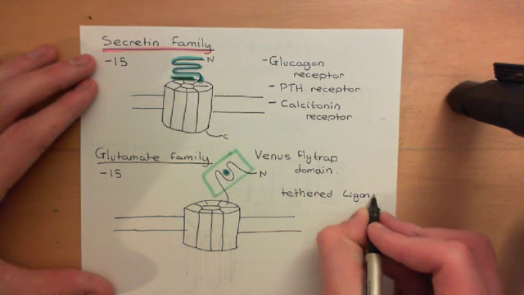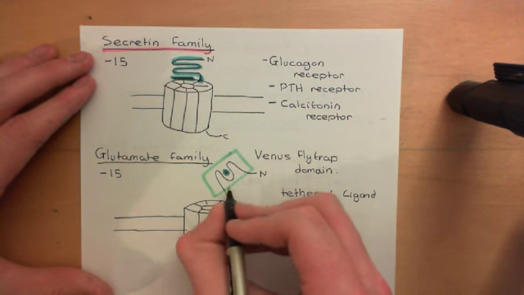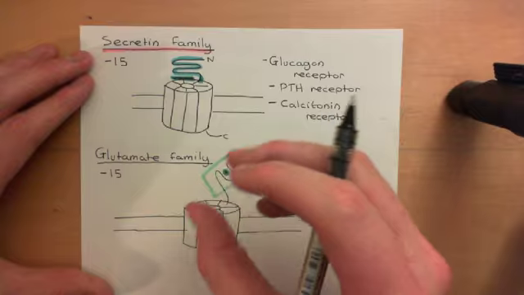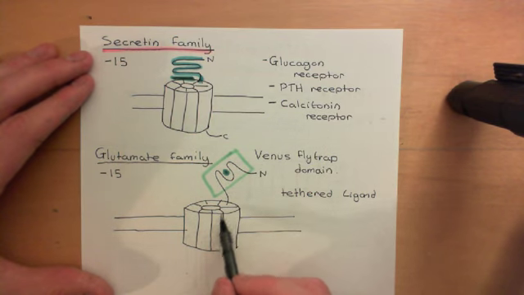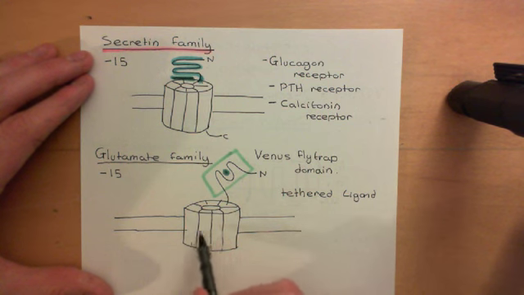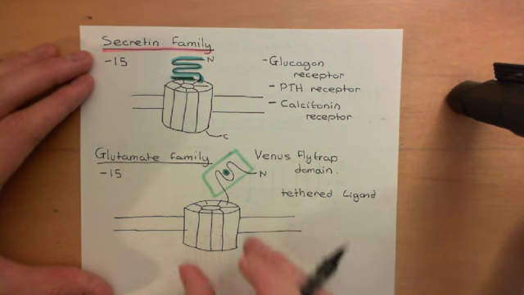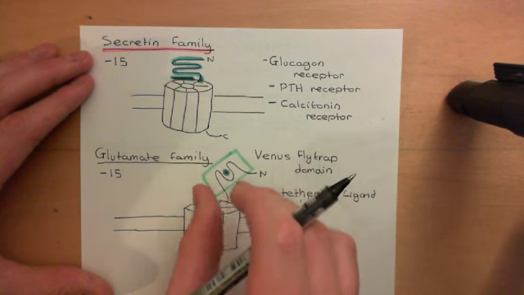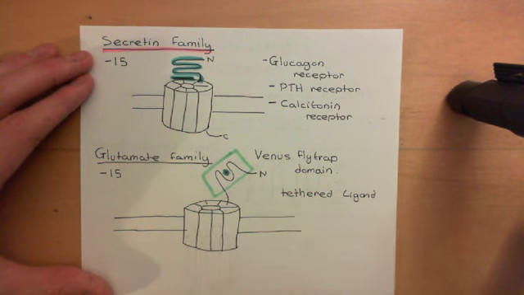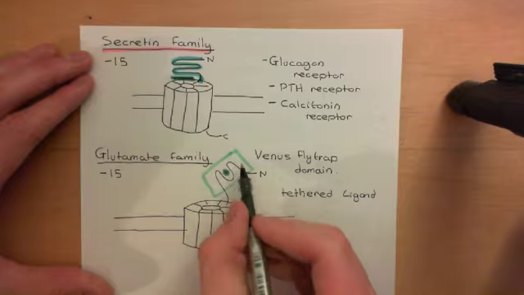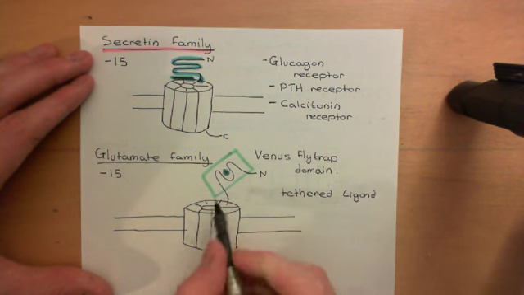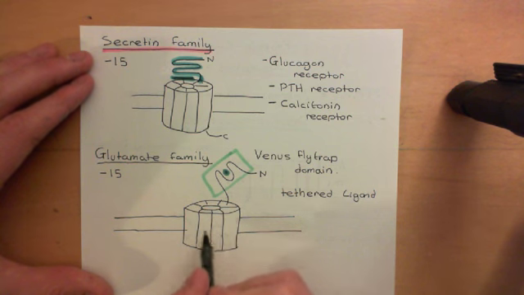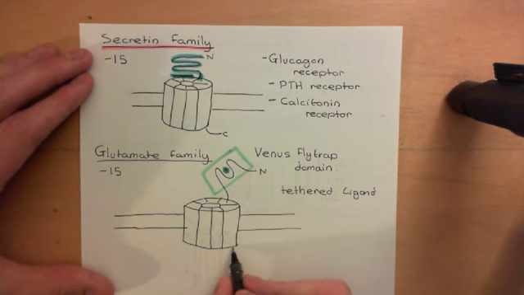The ligand binds up here in the Venus flytrap domain, but then you might wonder, how on earth is that going to cause conformational changes down at the transmembrane domain, which of course it has to do in order to transmit this extracellular signal to the intracellular side? Well, the whole thing comes down here and acts as a ligand which can bind to the transmembrane domain here.